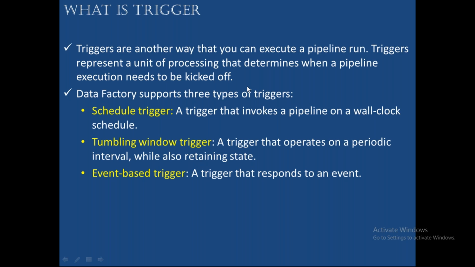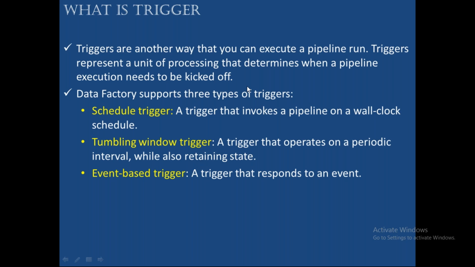Overlap means another trigger is also going to execute the same pipeline. Maybe two triggers start my pipeline at 6 o'clock, meaning the same pipeline is going to run twice.